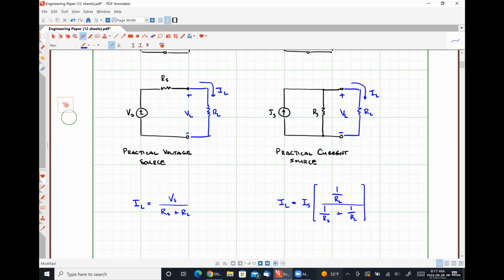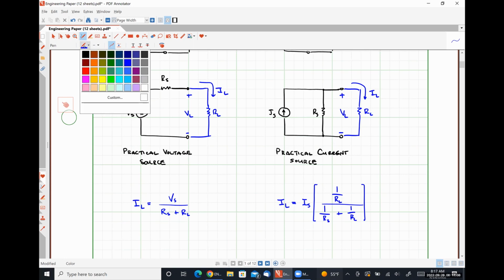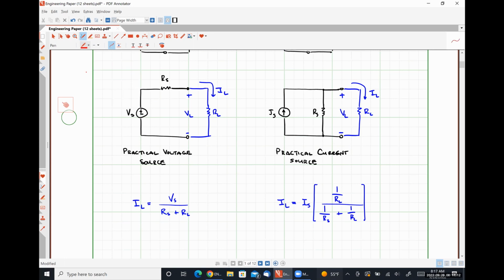And what I'm going to do here to make the connection that we're looking for is multiply this guy by RL over RL, and this guy by RS over RS.